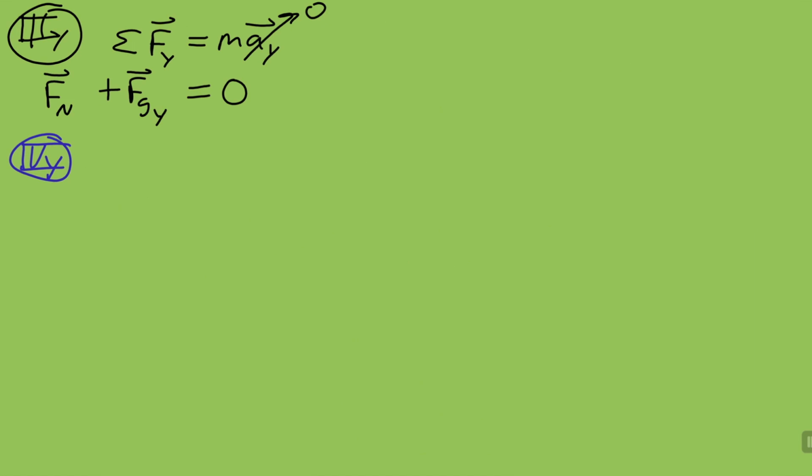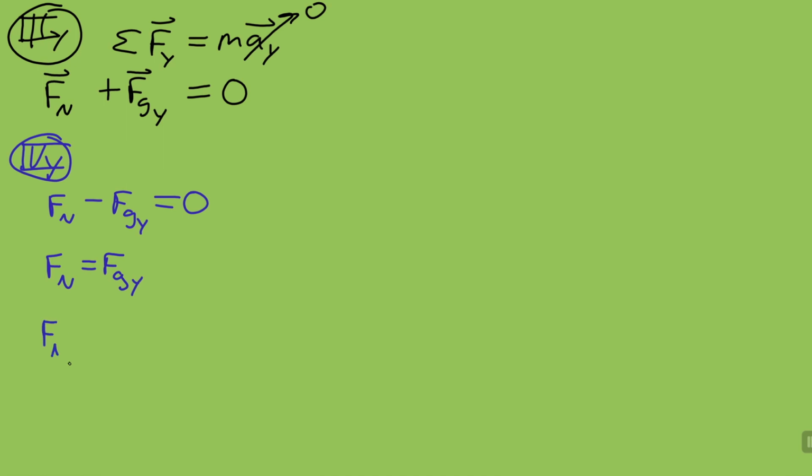So when I take off the hats, I'm going to have f sub n minus f sub gy, and all this is equal to 0. Remember, I'm trying to solve for f sub n. So I add f sub gy to both sides. I'm going to end up with f sub n is equal to f sub gy.